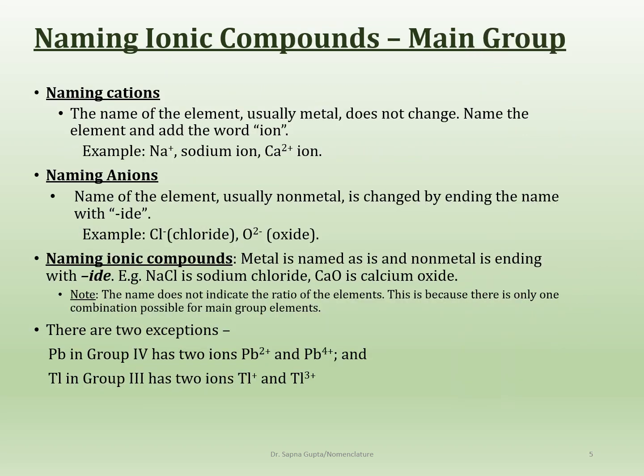Okay, so naming compounds. First of all, I want you to understand that a cation has the same name as the element, but you want to put ion after it. For example, what I've given you over here is sodium. Sodium is sodium, right?